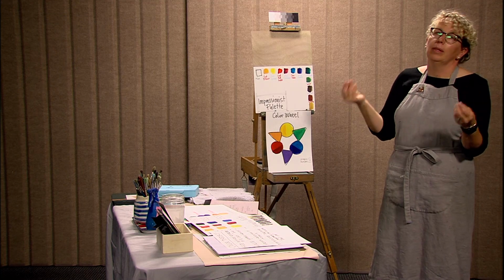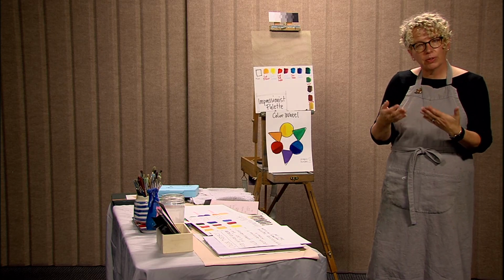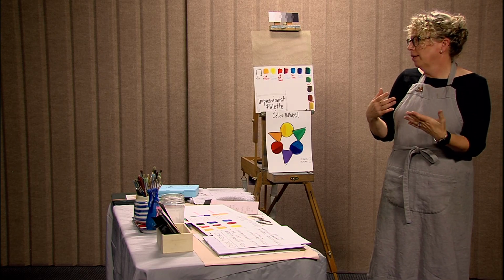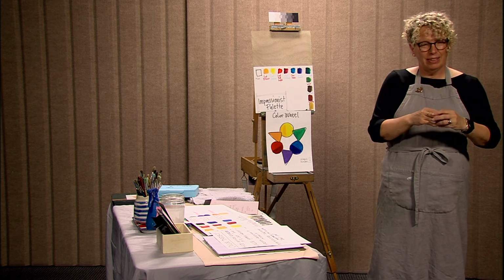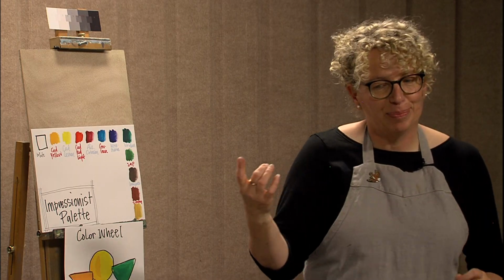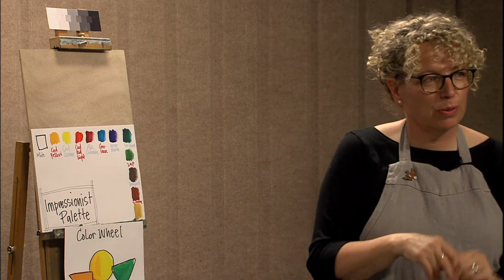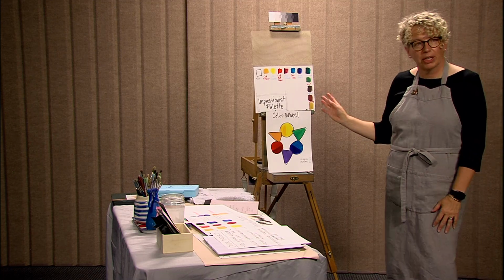When you can, buy the genuine, because you're going to learn to make mixtures, and if you make a mixture with the hue, the mixture is going to get muddied, and you're going to be like, why does it look like this? And it's because there are other colors interacting together. All right, so this is your Impressionist palette.